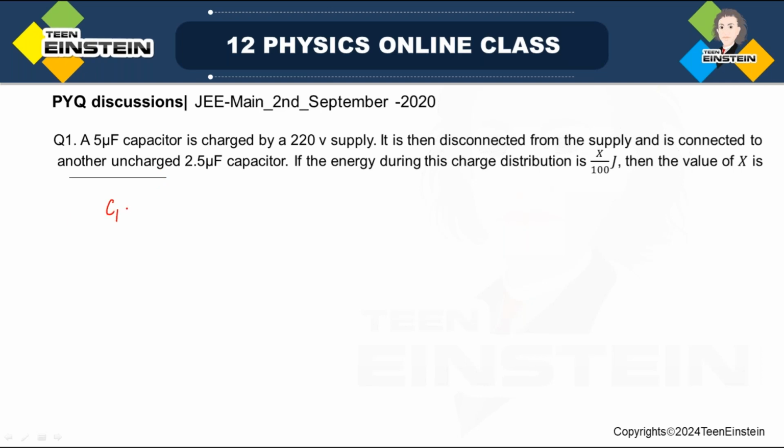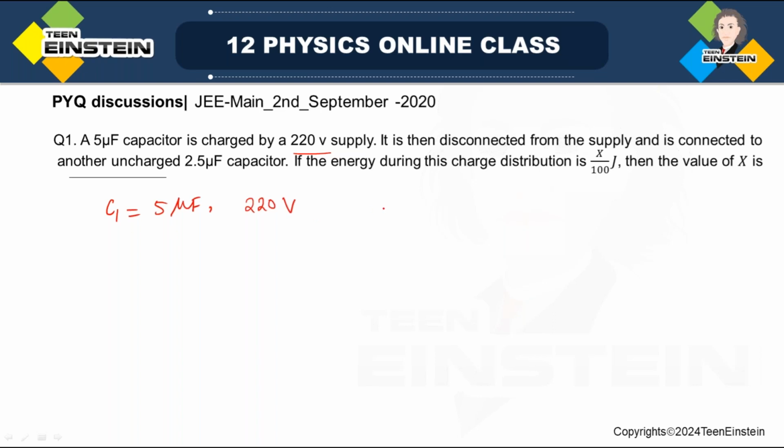Initially there was a capacitor which is charged with a supply voltage of 220 volt. That means after fully charged, this capacitor will have 220 volt across it.